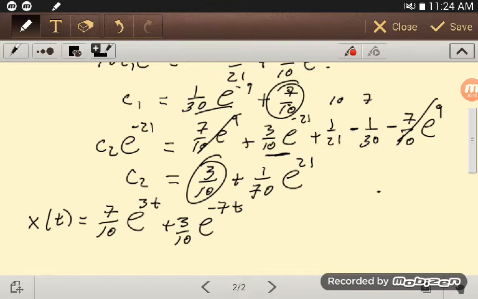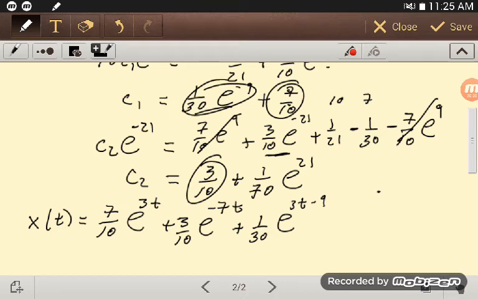And then I need to take care of the 1 over 30, so that's plus 1 over 30 and that's e to the negative 9 and e to the 3t, so e to the 3t minus 9. That takes care of that one.